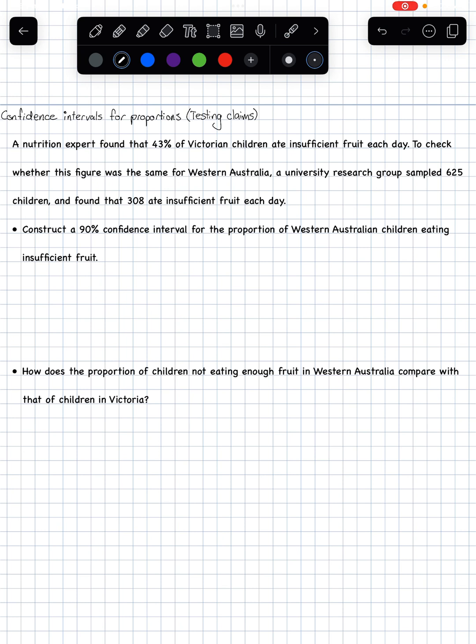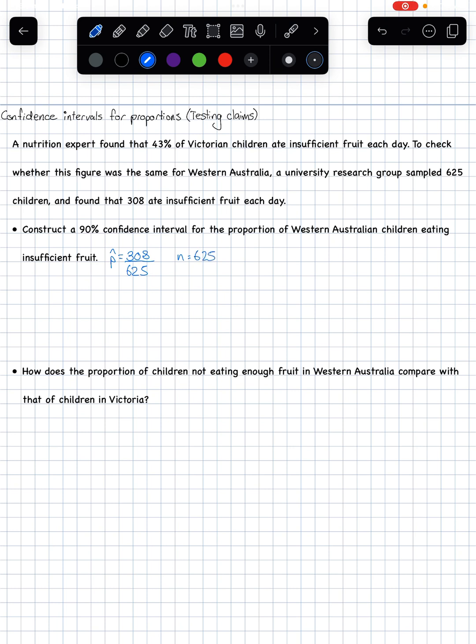Straight off the bat, we are given a proportion. So we should know here that our proportion is going to equal 308 over 625, and then we've got our number of trials, n equals 625.